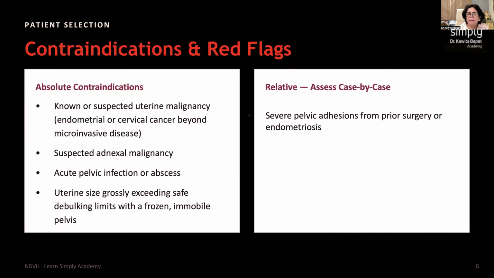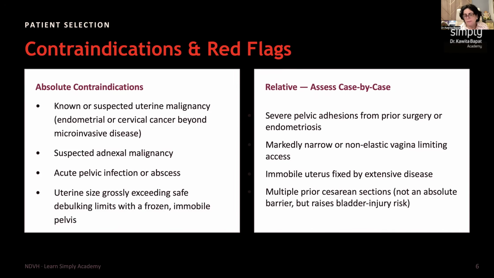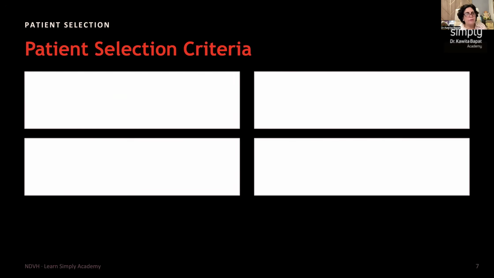Relative: severe pelvic adhesions with prior surgery; endometriosis can be done. Markedly narrow or inelastic vagina limiting access. Immobile uterus fixed with extensive disease. Multiple prior cesarean sections are not an absolute barrier, but raise the risk of bladder injury. And large adnexal masses require separate evaluation.